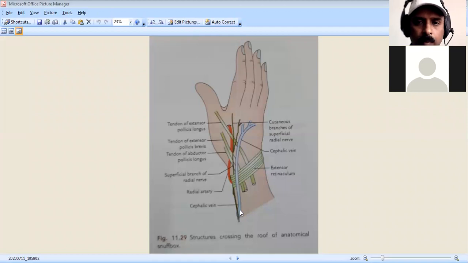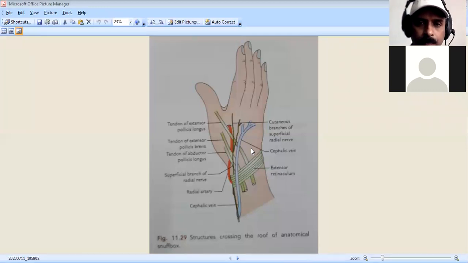They all form the roof, and the cutaneous branches of the superficial branch of the radial nerve also form the roof.